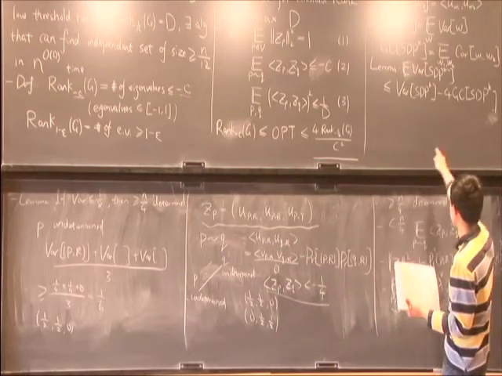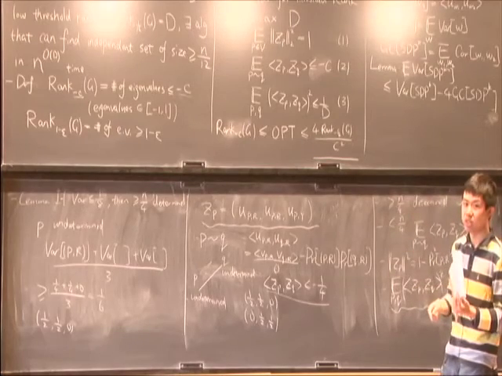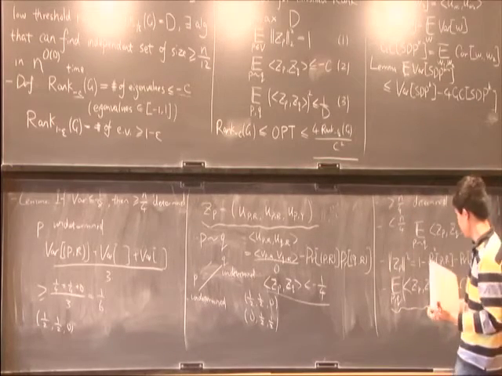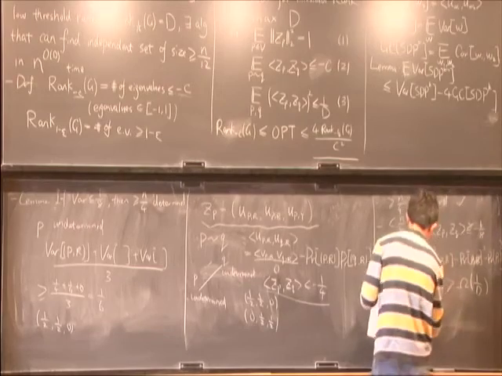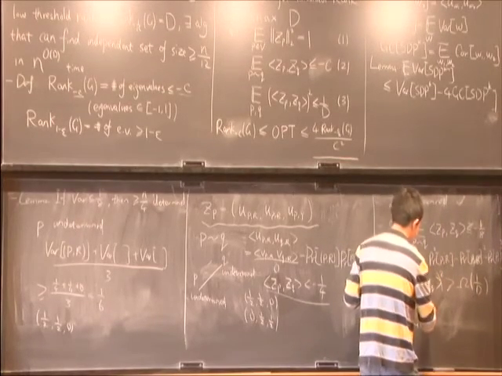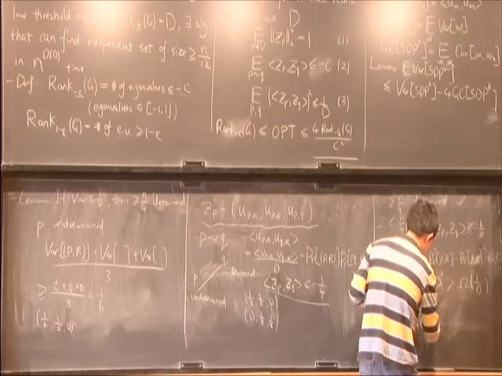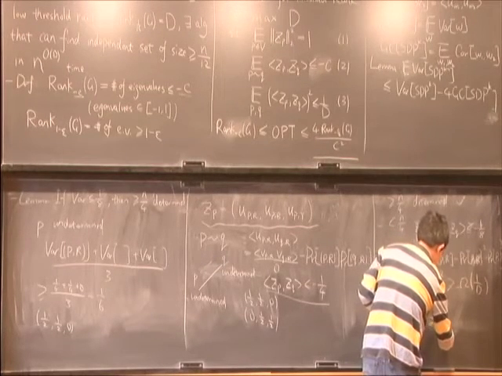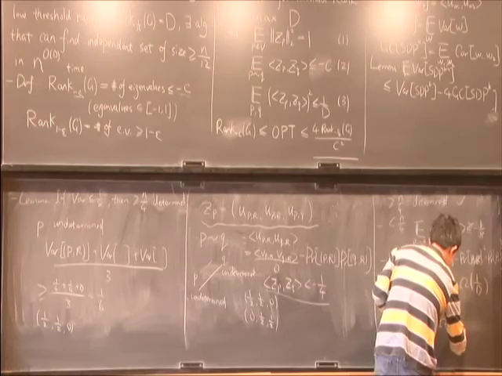So all those terms appear in the definition of global correlation. So we know the global correlation is also at least omega 1 over d.